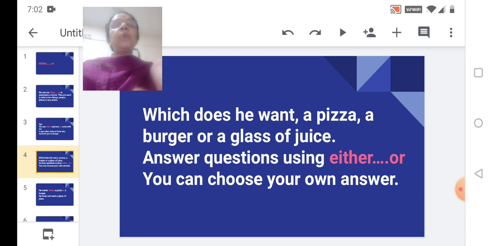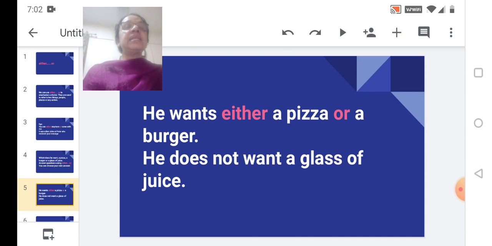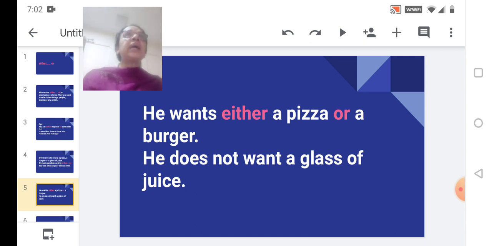Let's see how we can make use of these two words in this sentence. In the answer, he wants either a pizza or a burger. There are three eatables given. You can also write it as he wants either a burger or a glass of juice.